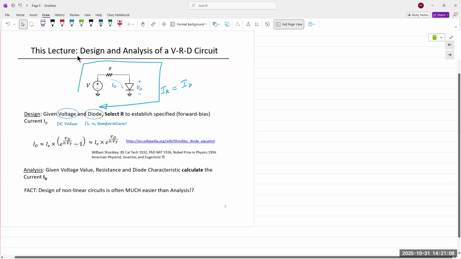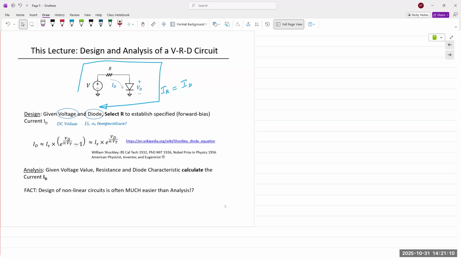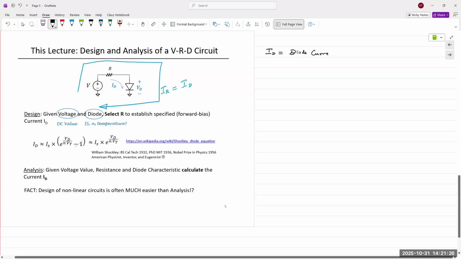This is known as the diode equation. Let's break it down. We know the diode current ID. Diode voltage is VD.